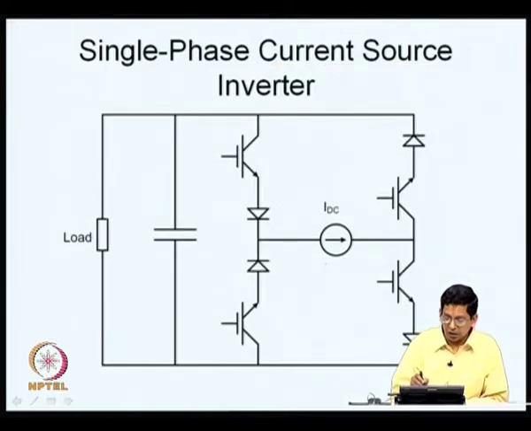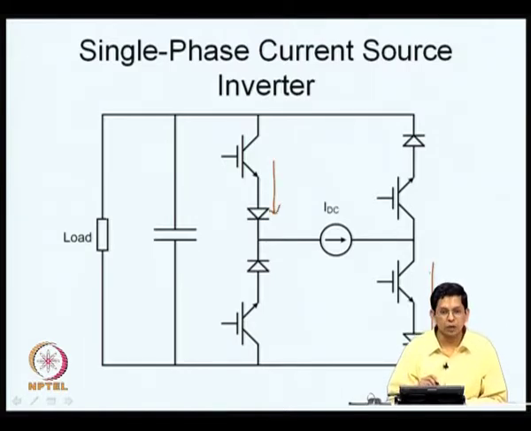If the current is flowing in this direction, and these two devices are on, current flows in this direction, and this blocks a potential which can be of either polarity. A potential of this polarity is blocked by the diode, and a potential of opposite polarity could be blocked by the transistor, and therefore, you have a bidirectional voltage blocking capability here.